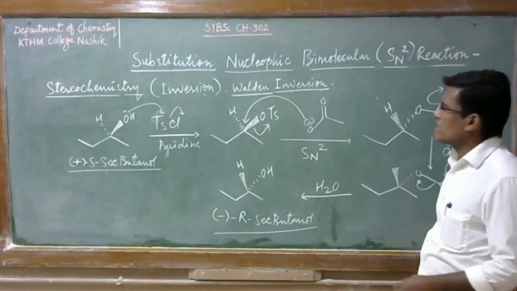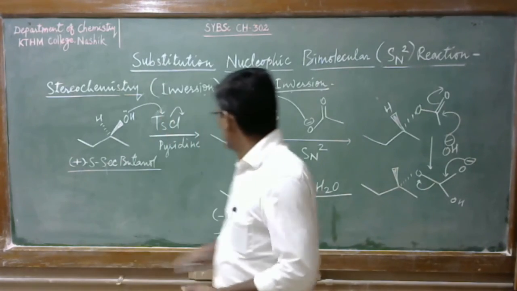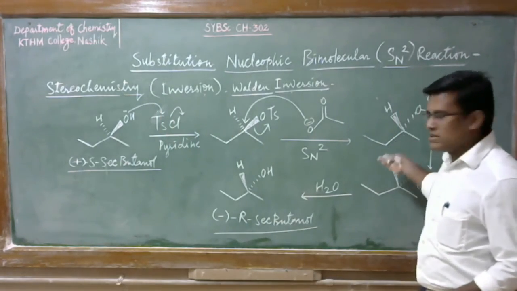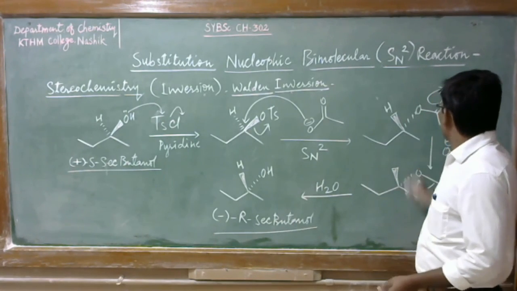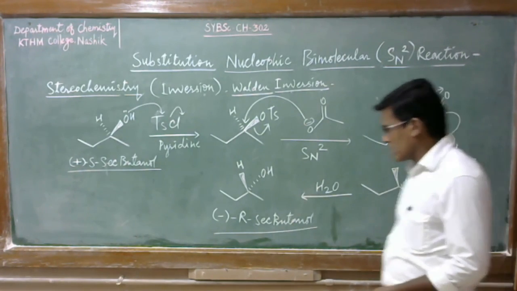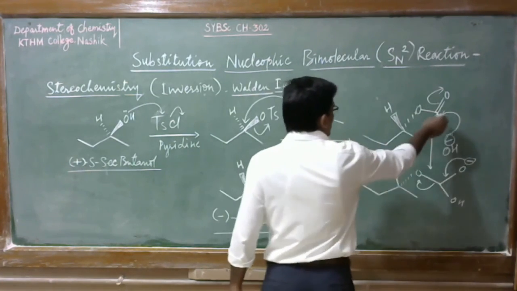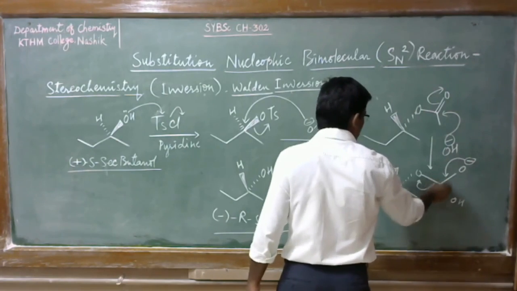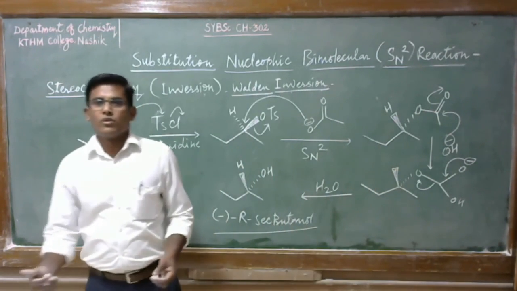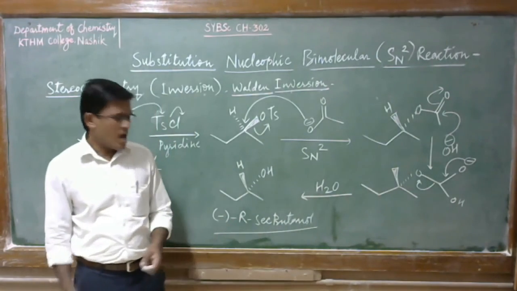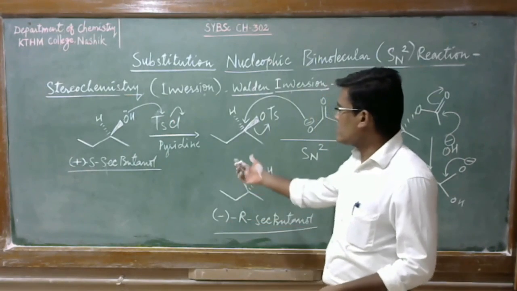Here you can see the change in configuration because it has been generated after the SN2 reaction. Then this hydroxide ion will attack at this carbonyl and generate this intermediate, and after hydrolysis we get this R secondary butanol. So here you can see the change in configuration.